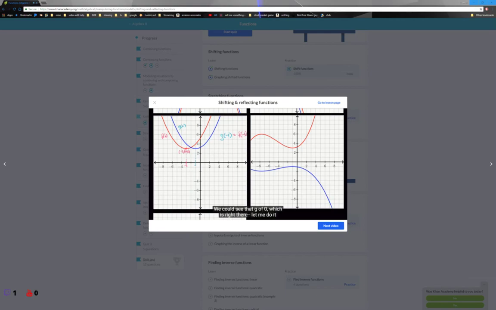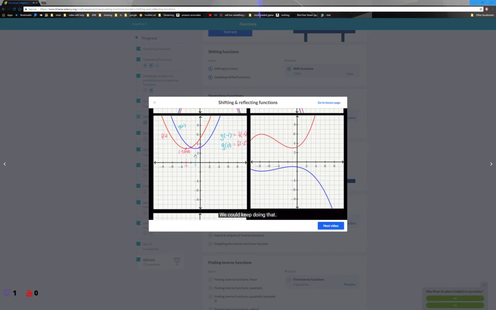We could see that g of 0, which is right there, is equivalent to f of -2. So g of 0 is equal to f of -2.